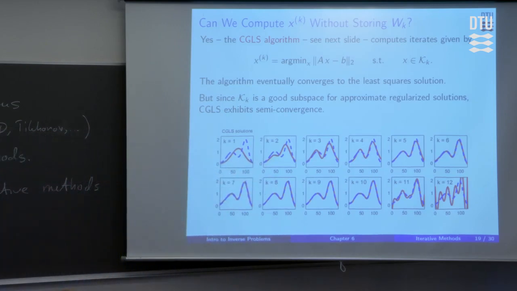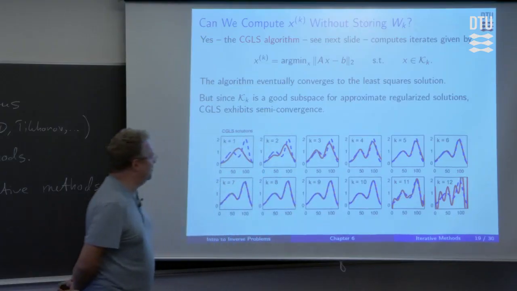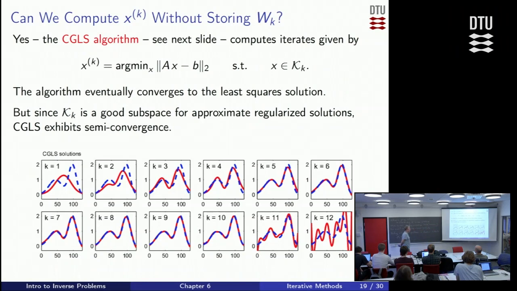And again, you can see that this actually works. We're getting some basis vectors that adjust themselves just fine to this particular problem here. And we get a really good reconstruction when the dimension of our subspace is like 10, k equal to 10. And if we go beyond that, we see that the noise is coming in just as expected. This is always going to happen at some point when we're dealing with these noisy inverse problems. So it works.